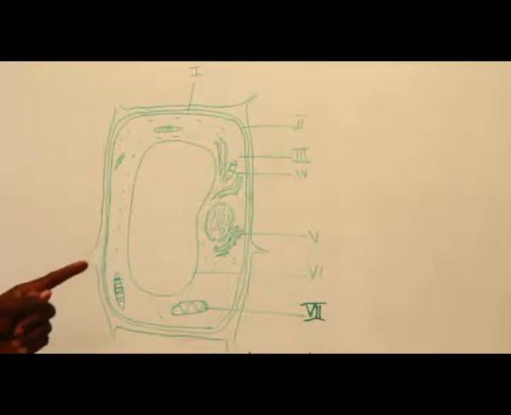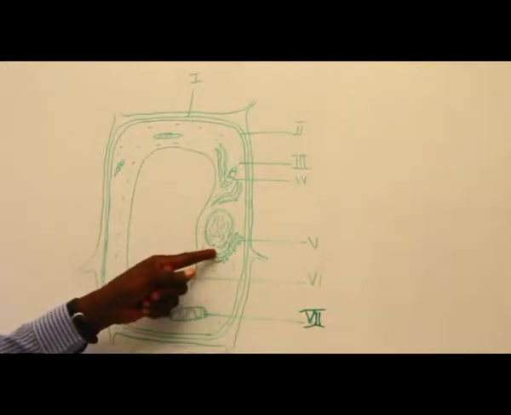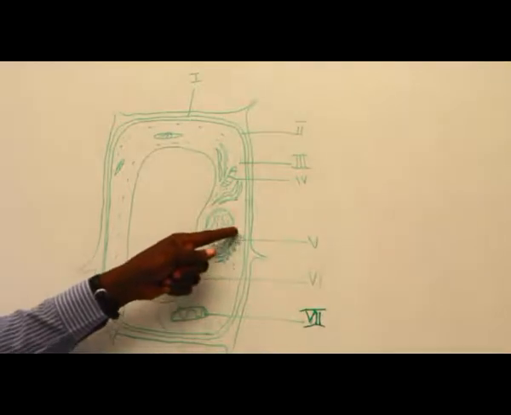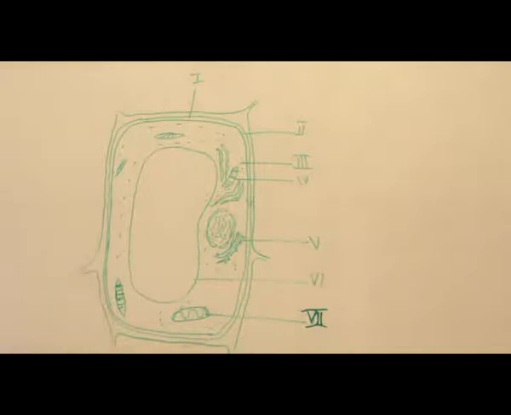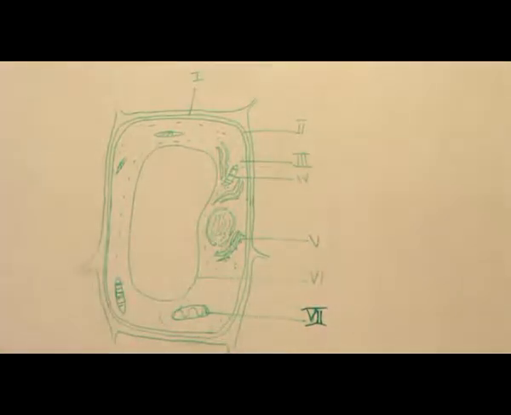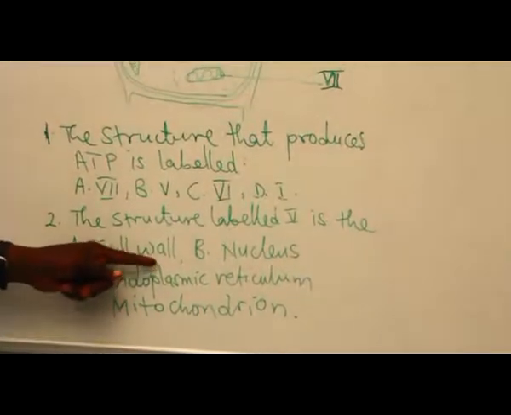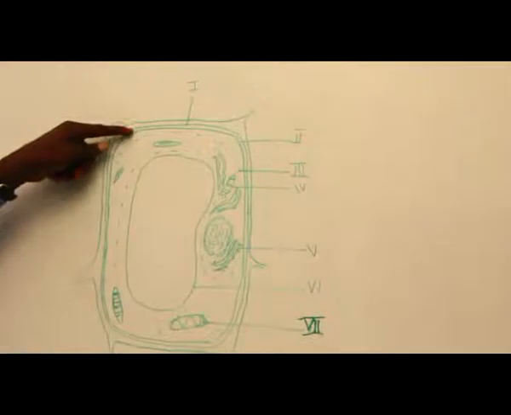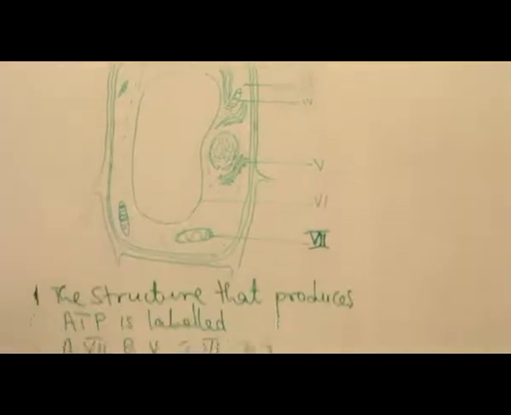But the difference is that this one has a rough surface because of the attachment of ribosomes, protein producing bodies. Now, the question is, what is its name? Then we come here. Can we call it cell wall? Answer is no. The cell wall is here. This is the cell wall, so it cannot be the cell wall.